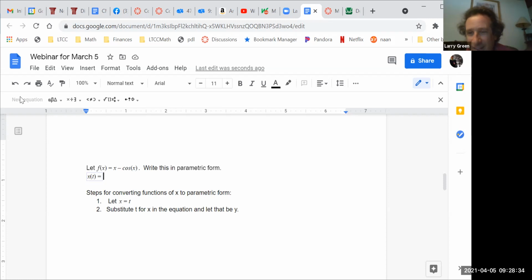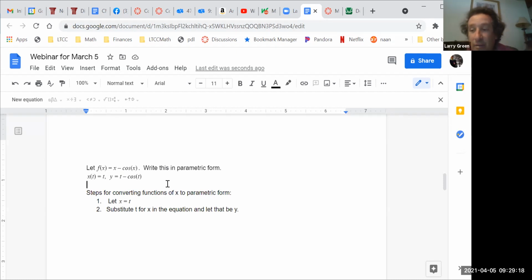Super easy. t. That's step 1. Is that clear? We let x equal t. That's it. And then let y equal, and what do we write? Now, Alexi, you can tell me because you've already typed it, except lowercase, of course. Okay, so we let y, where we see an x, we write a t. t minus cosine of t. That's it. Was that super easy? One of the easiest things you've ever had to see in math?